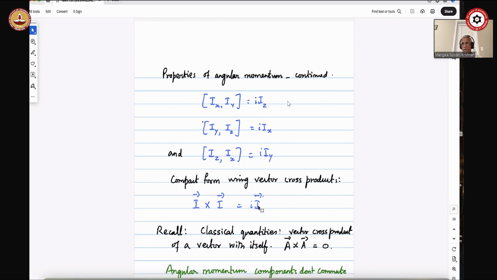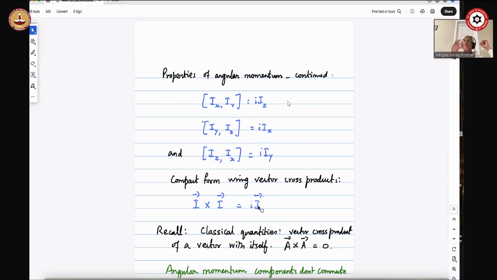This is quantum mechanical because in classical vectors, the cross product of a vector with itself is 0. A cross A is, you remember, A magnitude sine theta, the angle between the two. So if the vectors are parallel, the angle is 0. So classically, A cross A is 0.